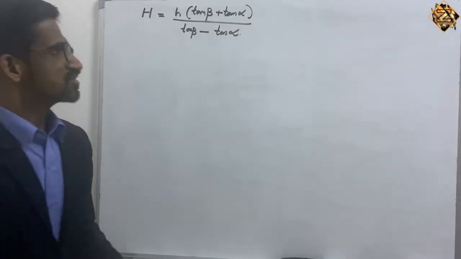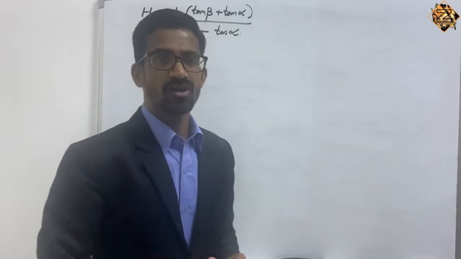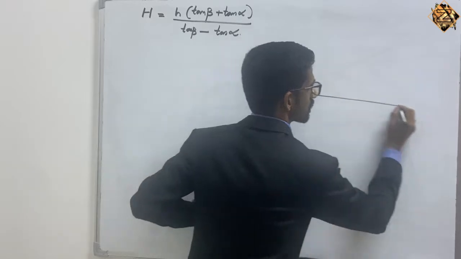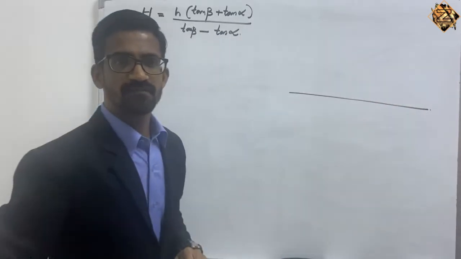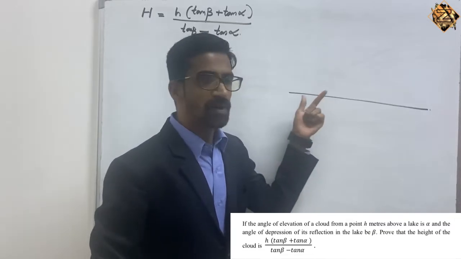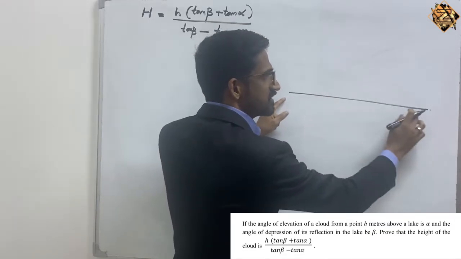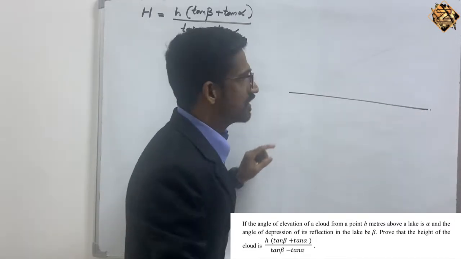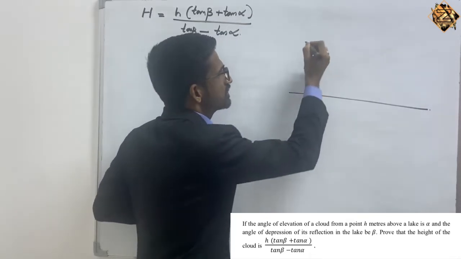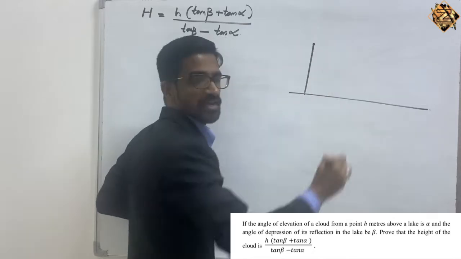Now we look into the question. The question is given that if the angle of elevation of a cloud from a point h meters above a lake. So we can consider this line as a lake. From a point h meter above the lake, so let this be the point h meter above the lake.